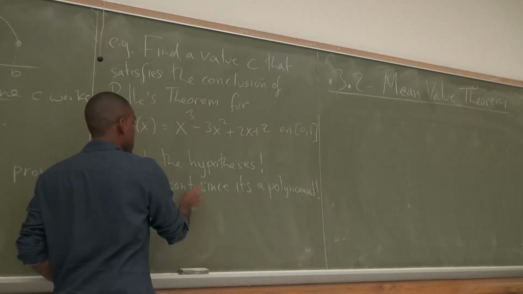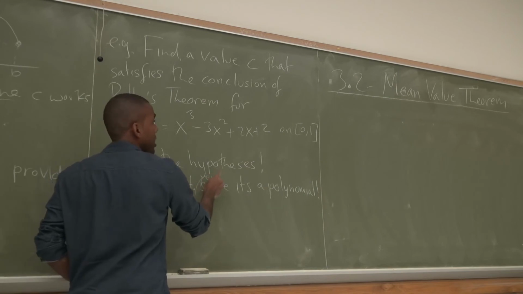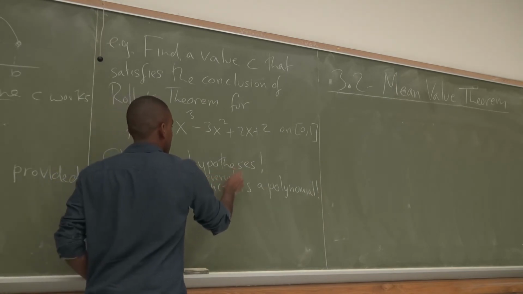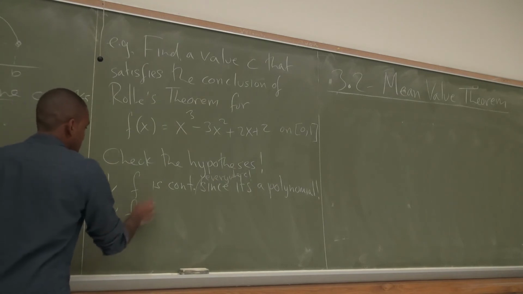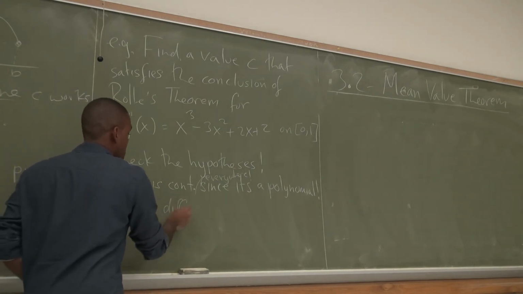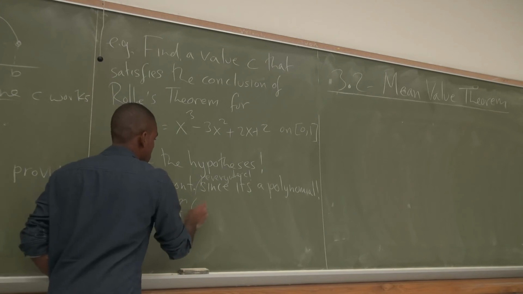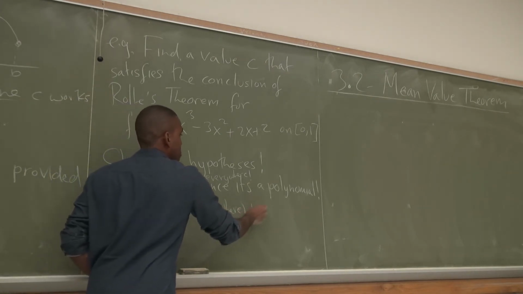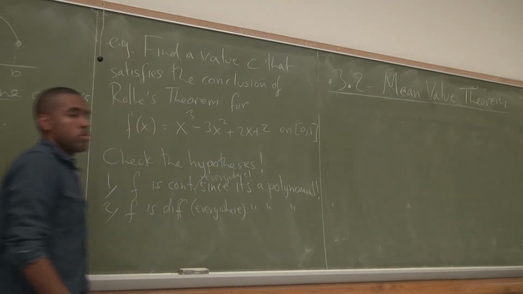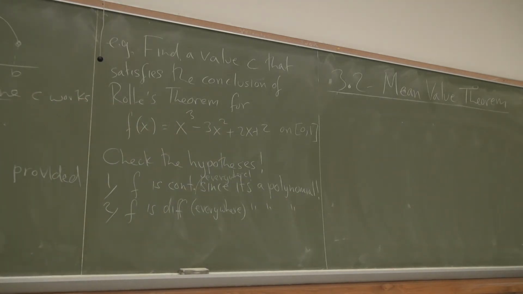In fact, it's continuous everywhere, not only on that interval. Two, f is differentiable, not only in that interval, but everywhere. Again, because it's a polynomial, we can apply the power rule and find the derivative, and it will exist everywhere.